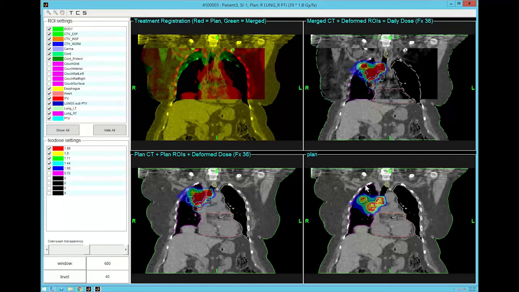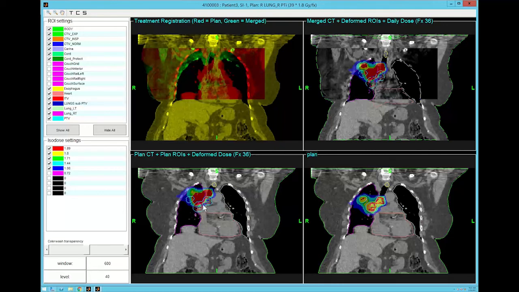Here you can see exactly what happened and where the dose differences lie. This is the deformed dose mapped back to the planning CT, and you can see the planned versus the deformed dose for fraction 36.